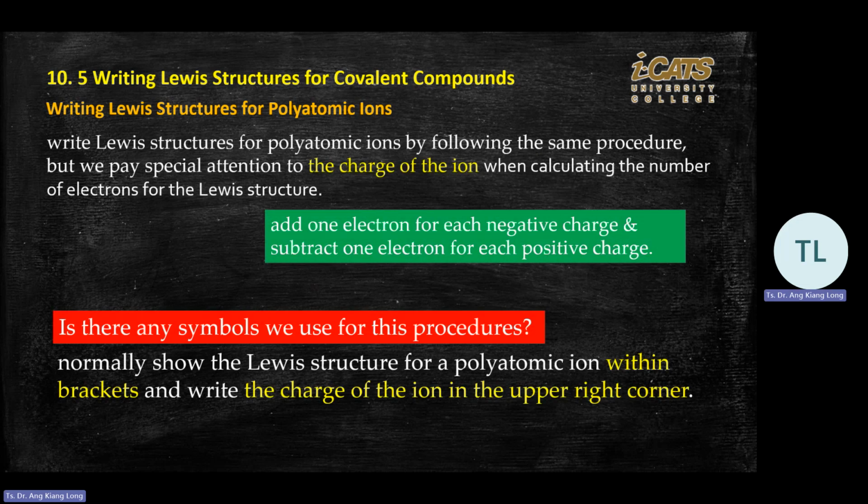You need to write the green color statement, just add it to the second step: add 1 electron for each negative charge and subtract 1 electron for each positive charge. If you're fast enough, you just apply one of the lines to that question. If you don't know, you just memorize it and write this in the step.